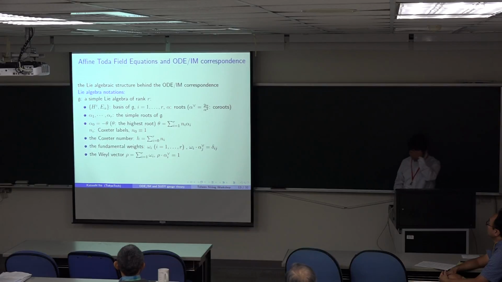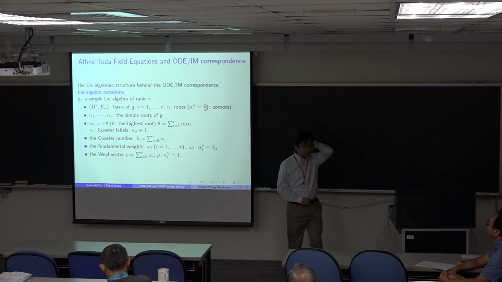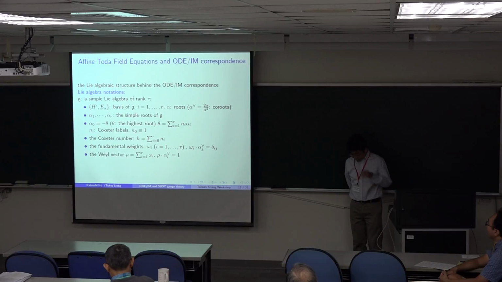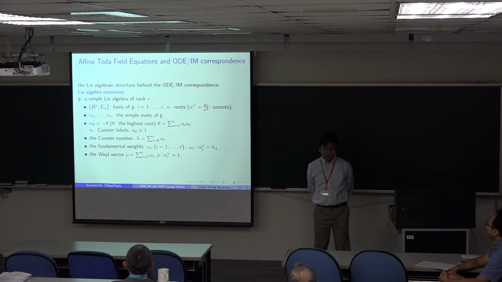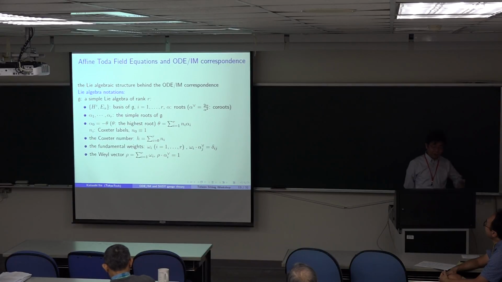So you want to understand the algebraic structure behind the ODE correspondence. So maybe I'll explain. I start by explaining some notation, which may be familiar to the audience. But I will use this notation.